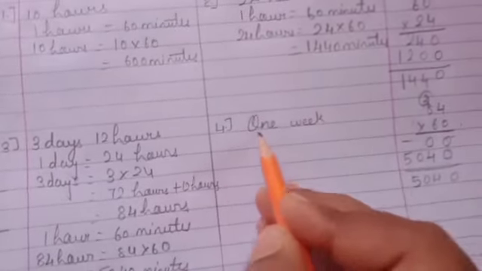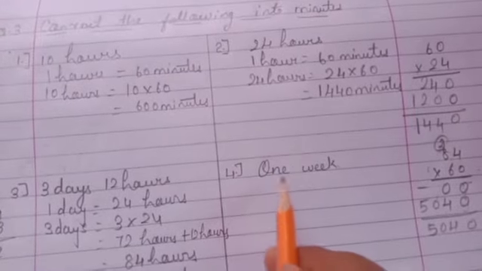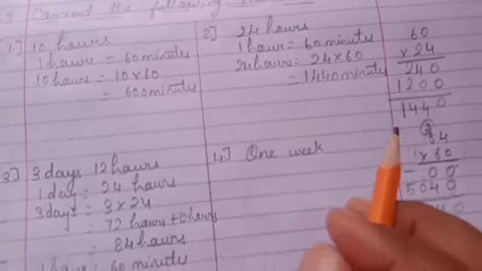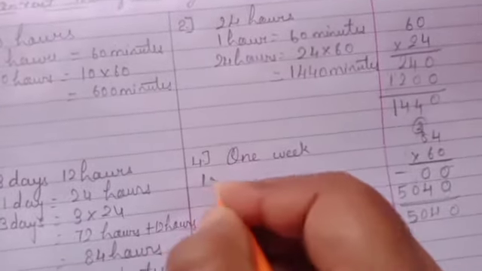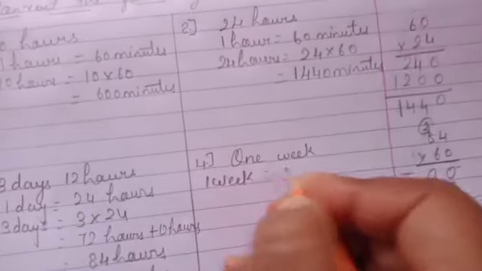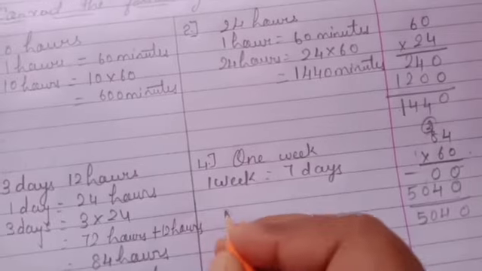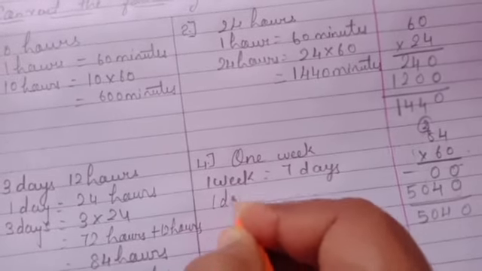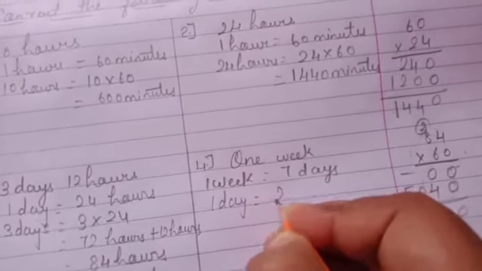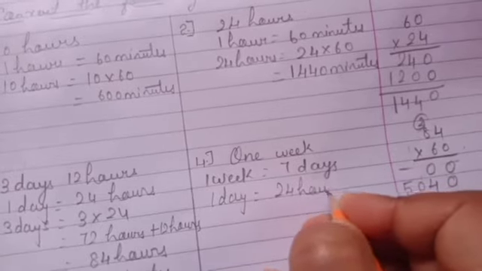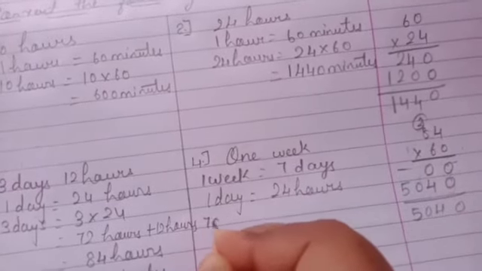Now number 4, 1 week. First this week we will convert into days. 1 week equal to how many days? 7 days. Now these days we will convert into hours. 1 day equal to how many hours? 24 hours. We are having 7 days.